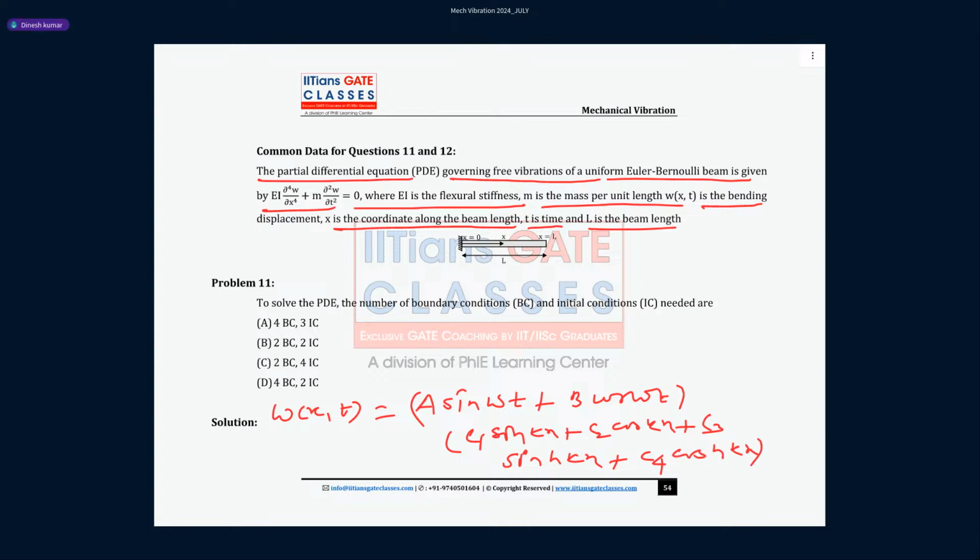This is the general solution, right? Now tell me how many boundary conditions you require to solve this. Four boundary conditions, right? And how many initial conditions? See, this is time dependent and this is space dependent. So 4 and 2. So which is the correct answer?